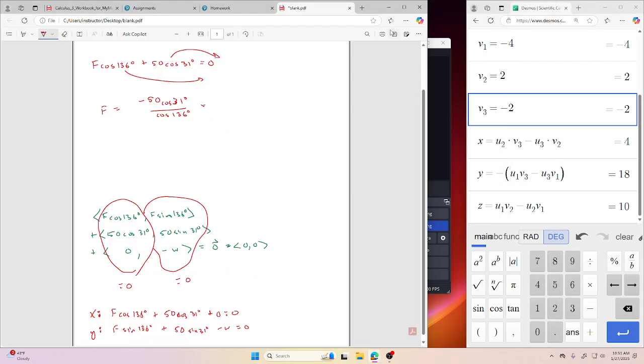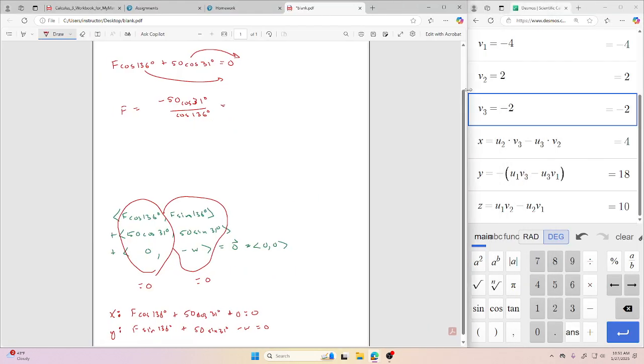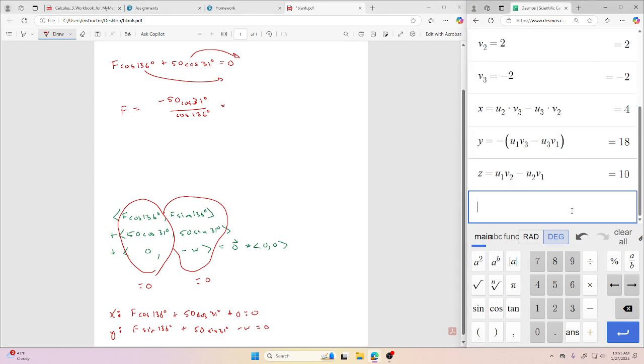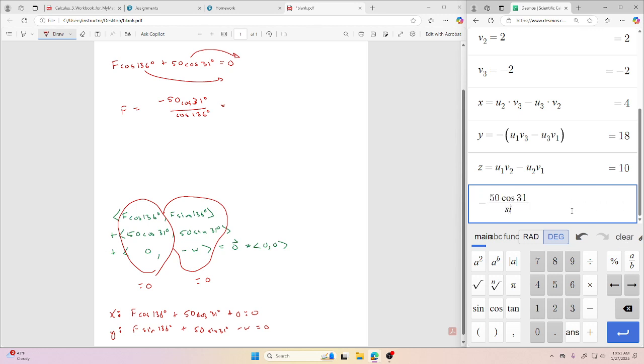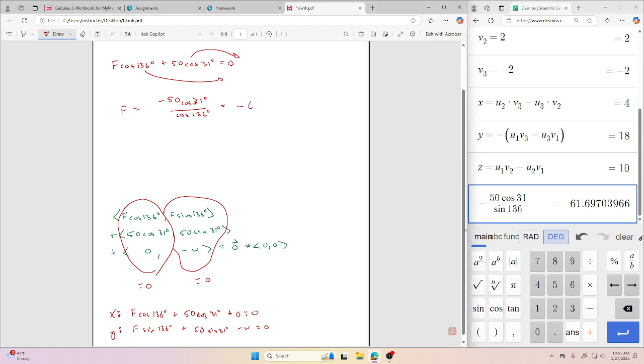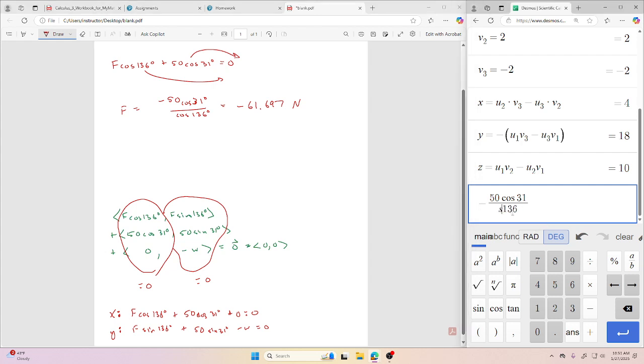Calculator. Let me just make it bigger. Okay, I'll keep that up there. So yeah, negative 50 cosine 31 divided by cosine of 136. We are in degree mode, so I've got a negative 61.697. Thank you.